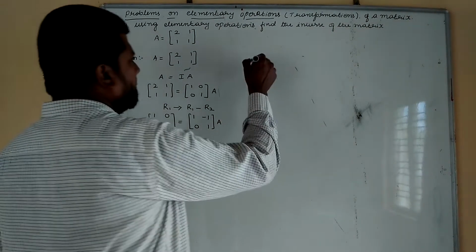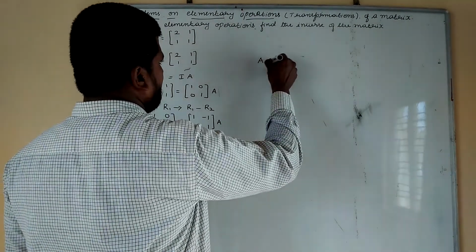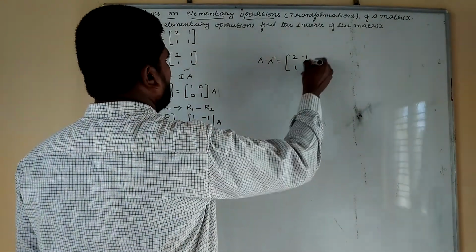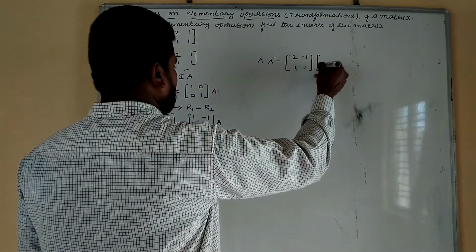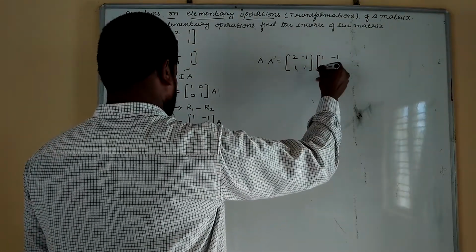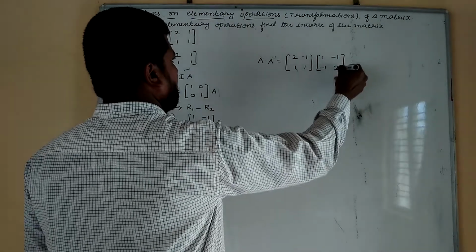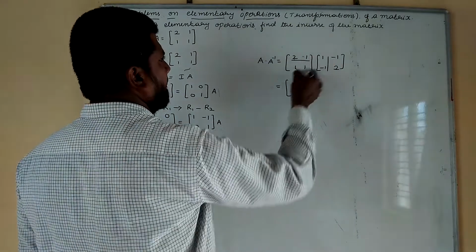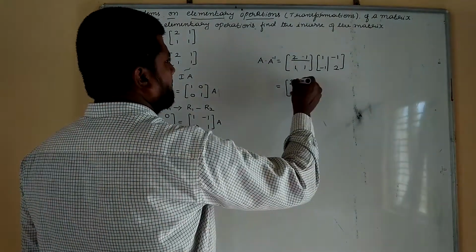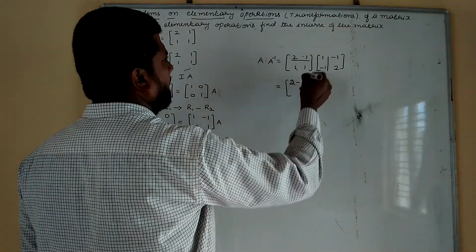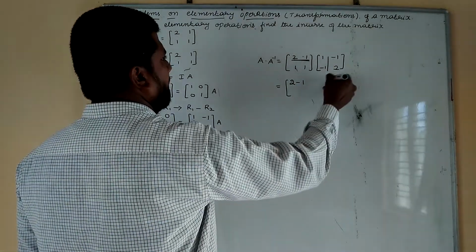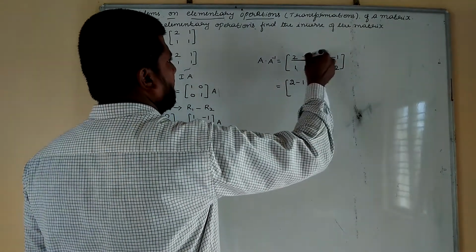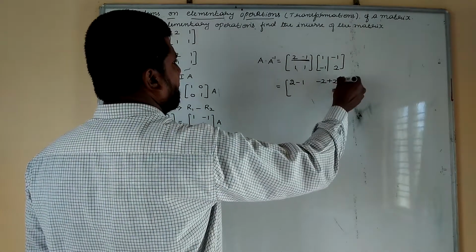Let us verify by using A into A inverse. A is [2 1; 1 1], multiplied with the inverse [1 -1; -1 2]. First row, first column: 2 into 1 is 2, 1 into minus 1 is minus 1. First row, second column: 2 into minus 1 is minus 2, 1 into plus 2 is plus 2.